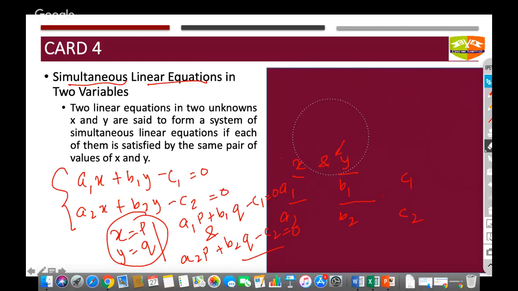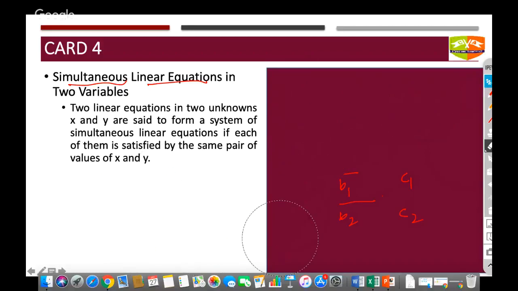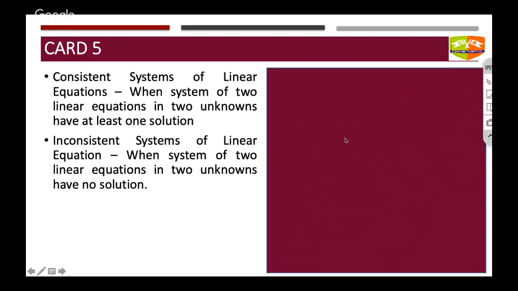Now let me go to another topic. What I have selected next is consistent systems of linear equations and inconsistent systems of linear equations. What do I mean by consistent systems of linear equations and inconsistent systems of linear equations?